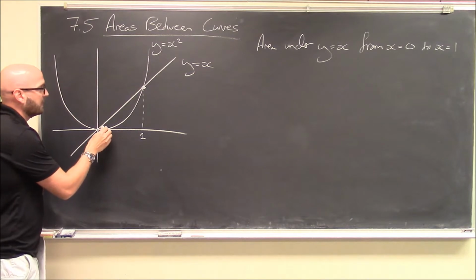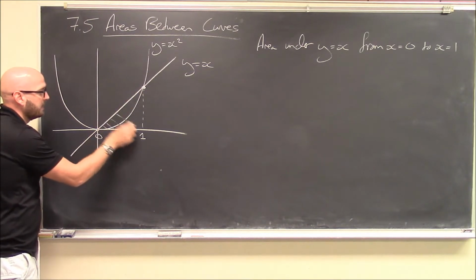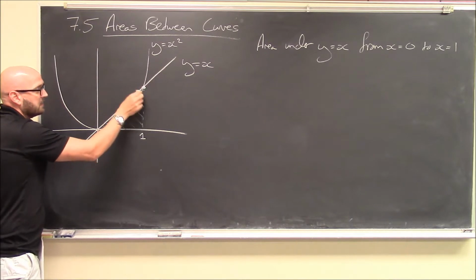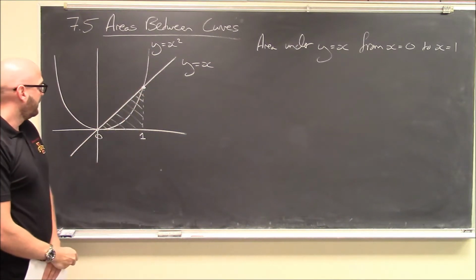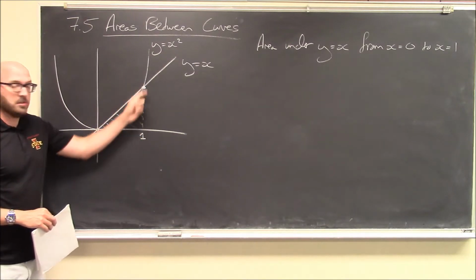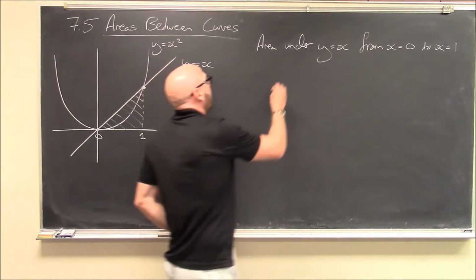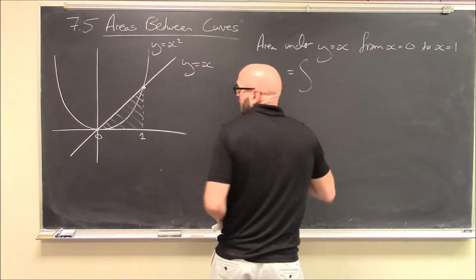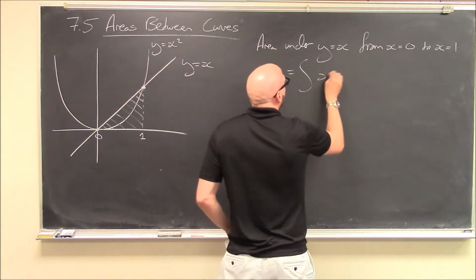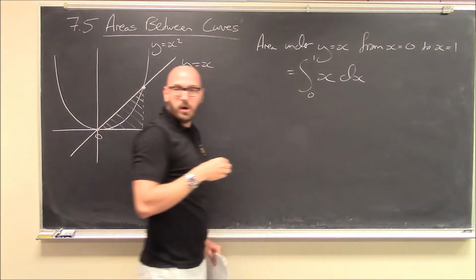In other words, we're looking for the area of this shaded region, this triangular region. Well, you could compute this using just simple geometry, right? This is a triangle, the area is 1/2 the base times the height, but we know how to do integrals now. This would be the integral of the function y equals x. So integrate x dx from x equals 0 to x equals 1.